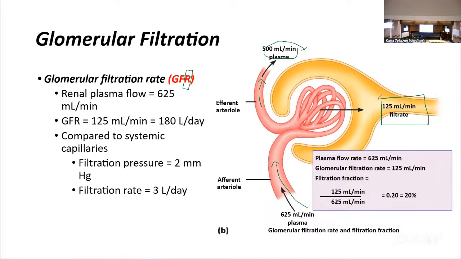So our filtration pressure in a systemic capillary, when we looked at the NFP, is about 2 millimeters of mercury. We just saw that our glomerular filtration pressure, which is the analogous number, is 16 millimeters of mercury, right? So the filtration rate is correspondingly higher as well when we think about the kidneys. For our systemic capillaries, we were doing like 3 liters per day.